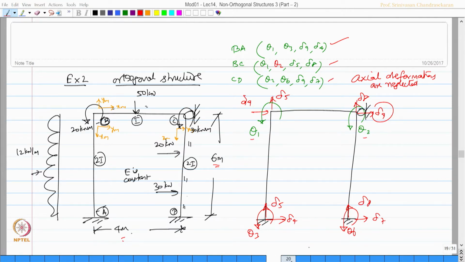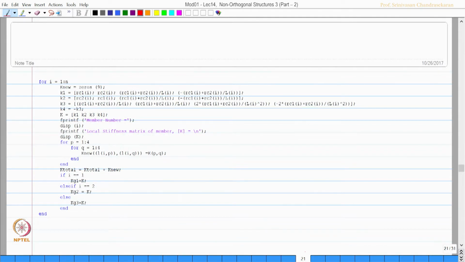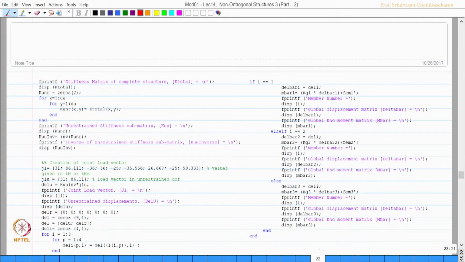So, we have it here. Once we do this we get the stiffness matrix, then we apply the loads. The program is continuing from here, that is how the program continues, and then we get the global end moment matrix for 3 members, member 1, member 2 and member 3.